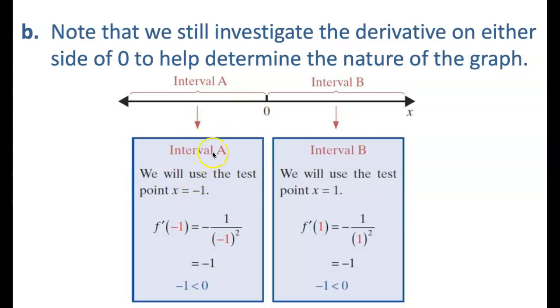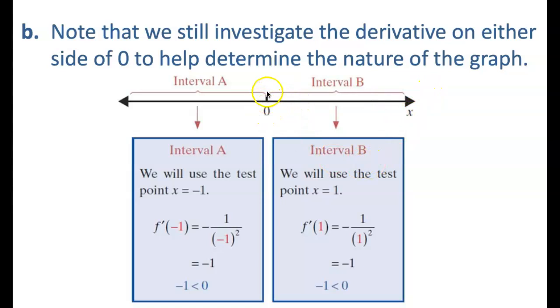So interval A, they use -1, and interval B, they use +1. And it looks like in both cases, we have a negative value. In other words, it's decreasing from negative infinity to 0, and it's also decreasing from 0 to infinity.